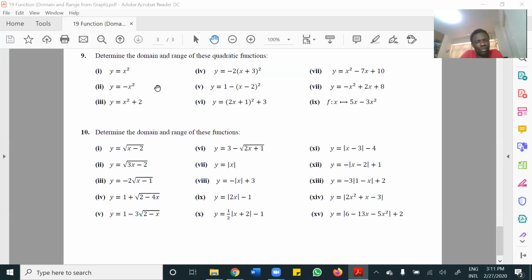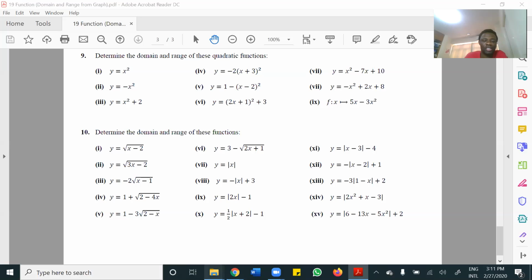Y is a set of real numbers that is less than or equal to 0. Yes, because whatever you substitute, you always get a negative number. Whatever you substitute, you get a negative because x squared will make it positive and there's a minus waiting to make it negative.